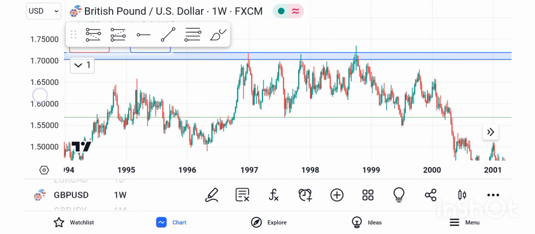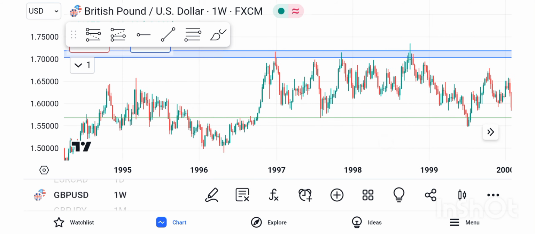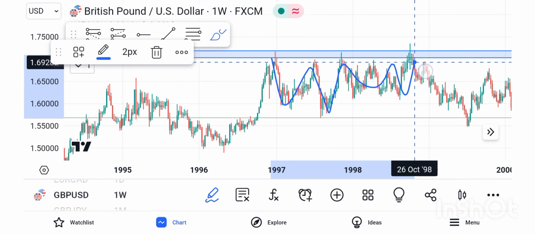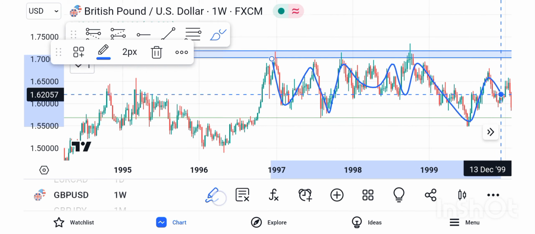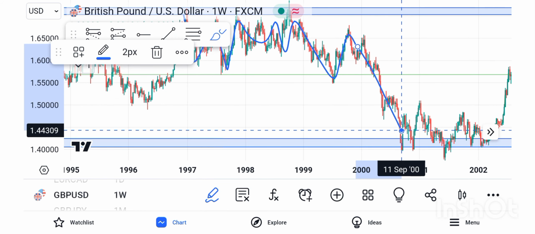Now this brings us right to our second way of taking profit. So you see how the markets moved from here, back here, came back, move, came back, right? Before eventually going down to the next major zone.